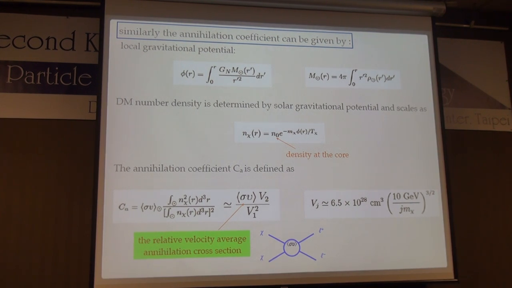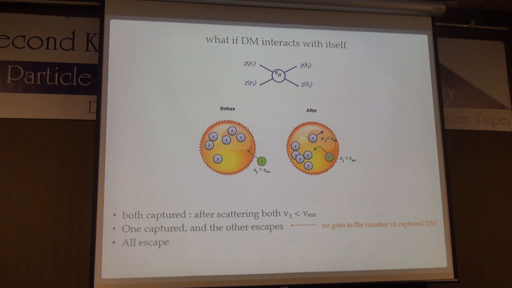You can imagine the dark matter core is about 1% to 10% of the radius of the sun. You can estimate this easily. And for annihilation, dark matter annihilates to standard model particles and then disappears. Dark matter's self-interaction helps with trapping and evaporation.